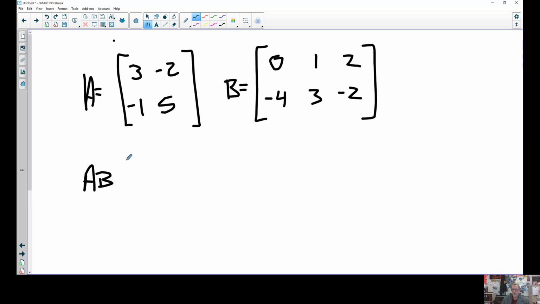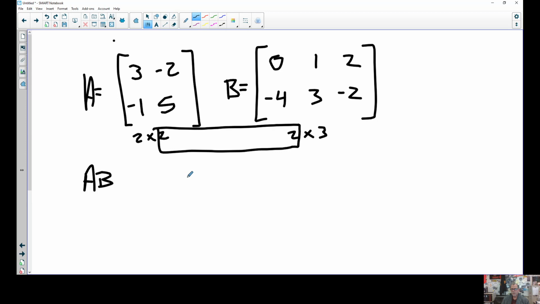So if we want to find AB here, we know this is 2 by 2, and this is 2 by 3. So if I look at them in order, A times B, these match, so we can do it. The resultant is going to be 2 by 3.